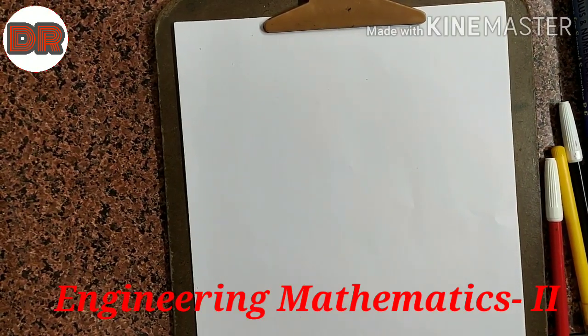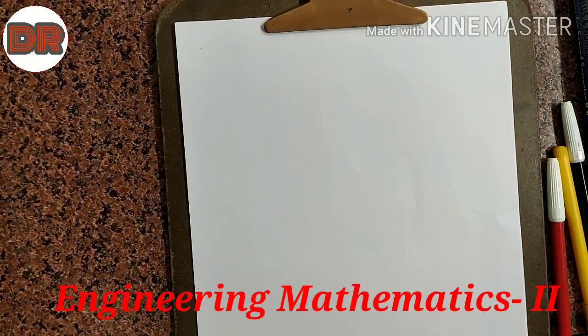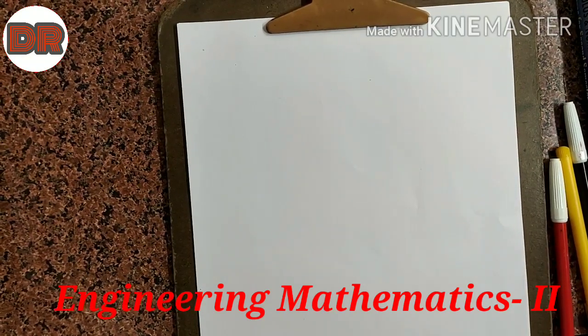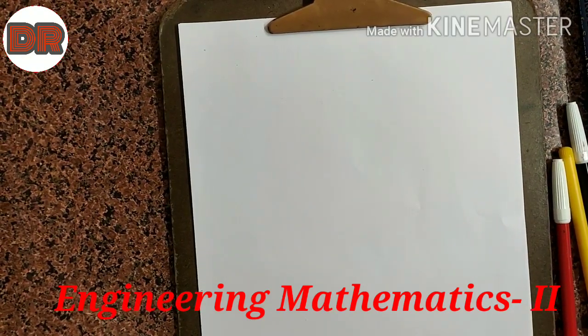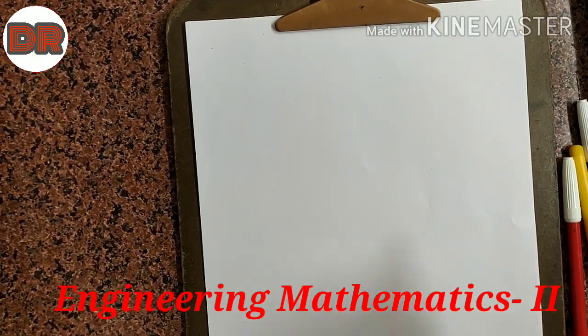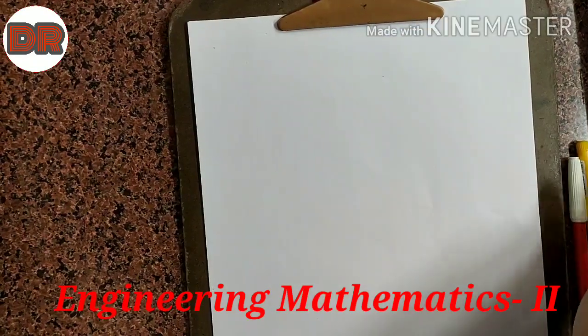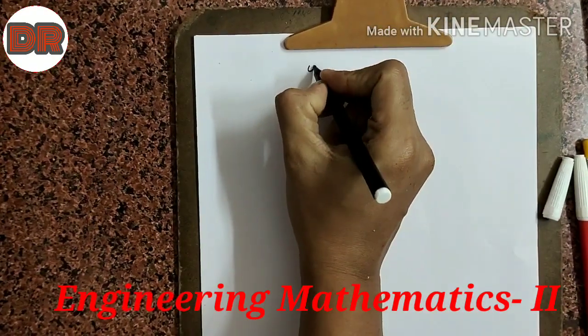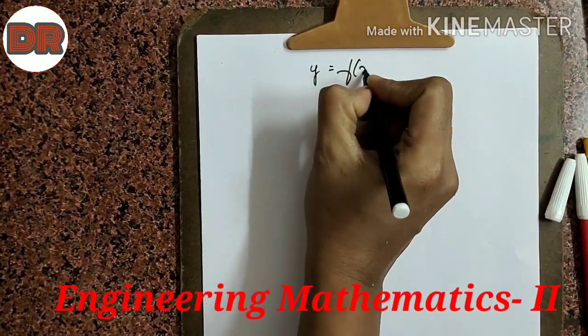So let us first see what is a differential equation, what is a linear differential equation, order and degree of a differential equation. Then we'll go to the solution of a differential equation. So any equation can be written in the form of y is equal to f of x.